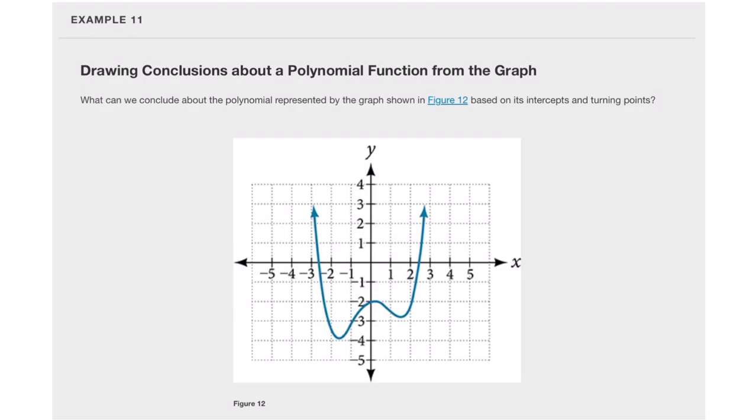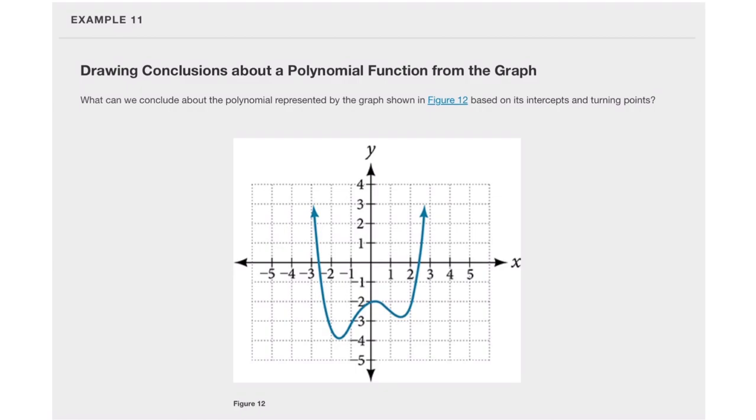What can we conclude about the polynomial represented by the graph based on the intercepts and the turning points? Now it looks like we could have 1, 2, 3, 4. We can say that the degree of the polynomial is at least 2, because we could have more.